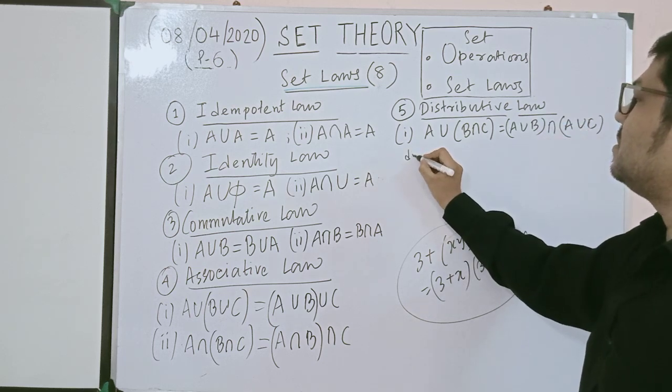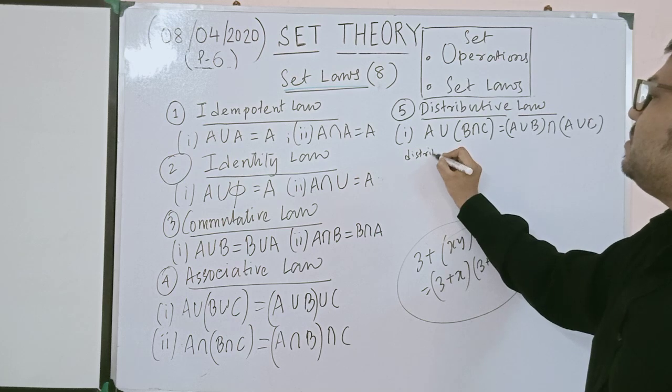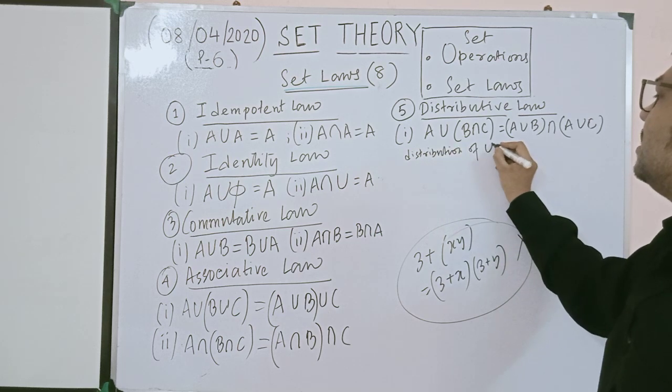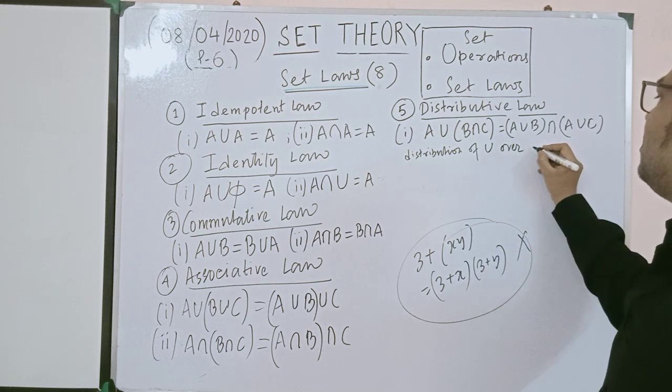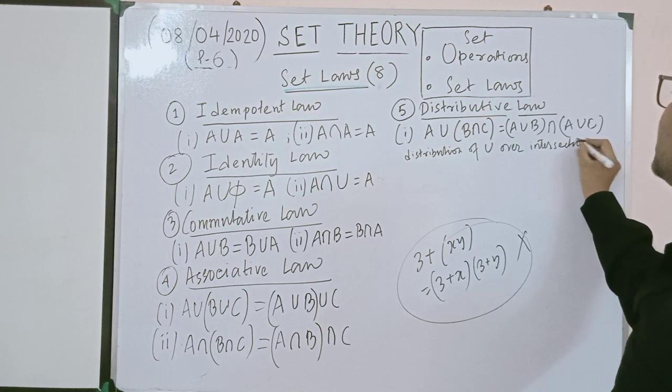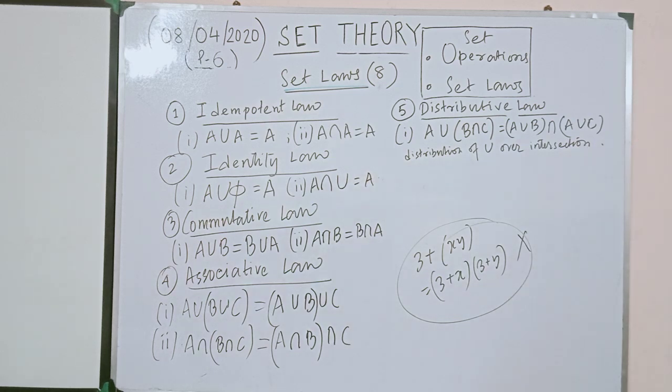So this is the distribution of union over intersection. So intersection is coming in the middle.